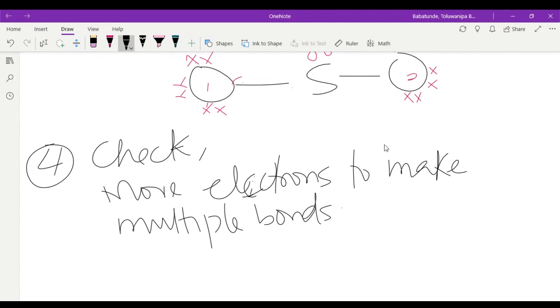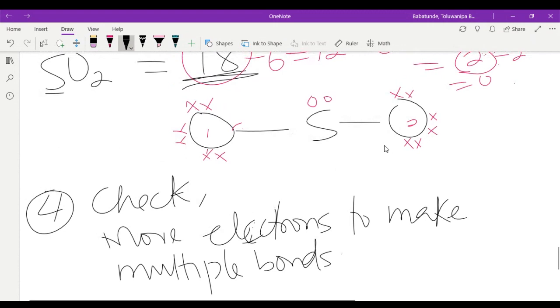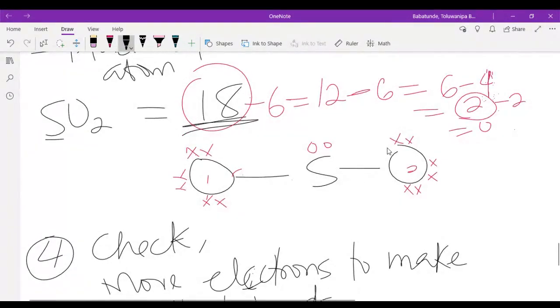So this is what I mean. We already have our SO2 to be this. We need to check, is everybody having octet structure?